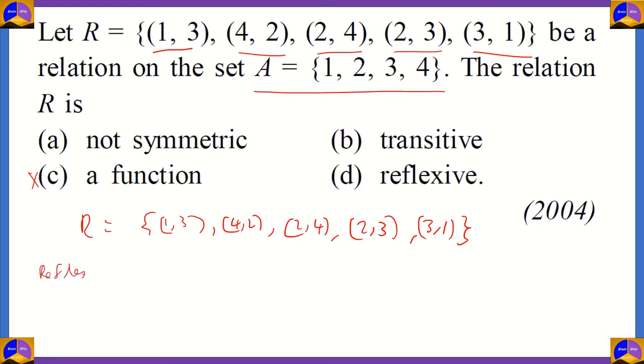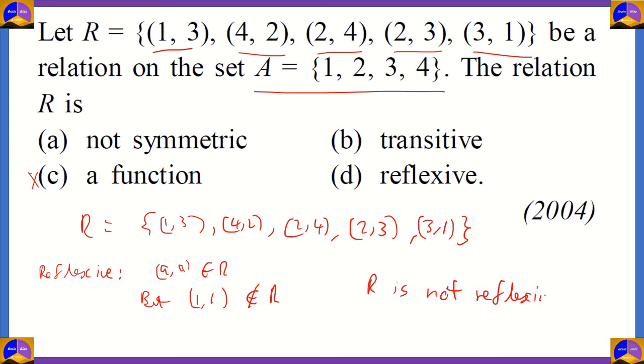For a relation to be reflexive, you need the condition that (a, a) belongs to R. But in this case, if a is equal to 1, then (1, 1) does not belong to R. So therefore, R is not reflexive. So option D is considered to be incorrect. Now what about symmetric?